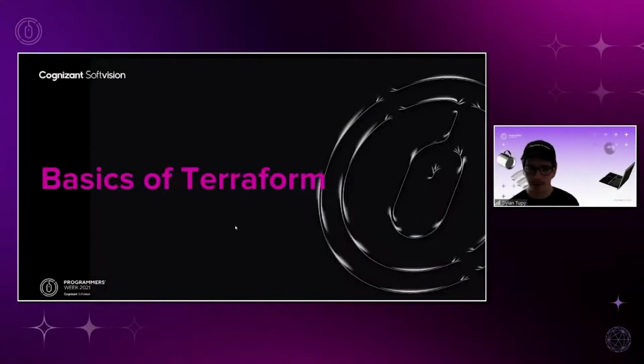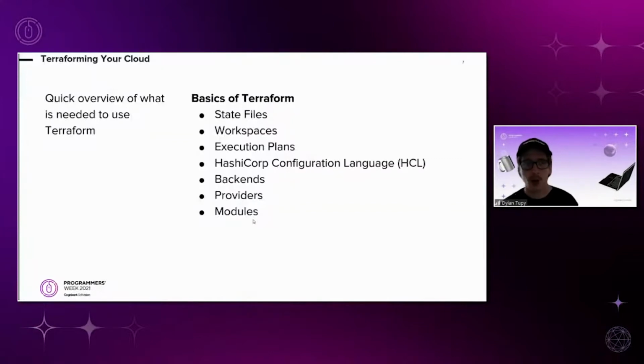So now that we kind of got an overview of what Terraform is and the background of IaC, what are the basics of Terraform? What will you need to understand to use this tool? So here's a quick overview of the pieces that I think are the essential pieces.